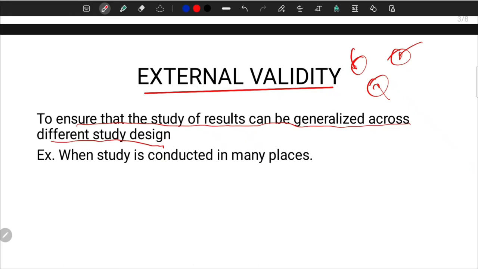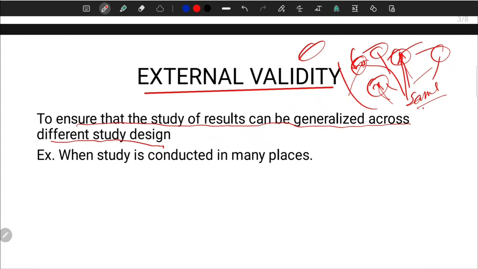Maybe here we are doing a single group, in another 3-4 groups, in another 2 groups, so there will be different study designs. But if the results are coming the same, if we are getting the same result from all the tests we are doing, then we can generalize it to the whole population.